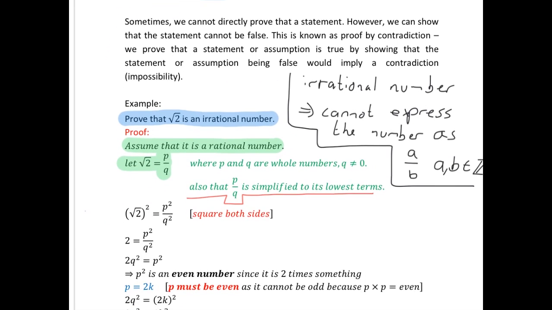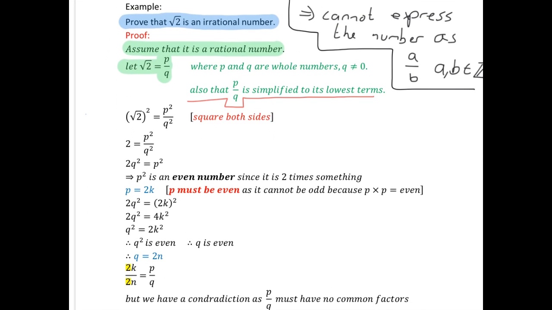What we do next is we square both sides of this equation. So we have the square root of 2 squared is equal to p squared over q squared. So the square root of 2 squared is just 2. So that means that 2 is equal to p squared divided by q squared.